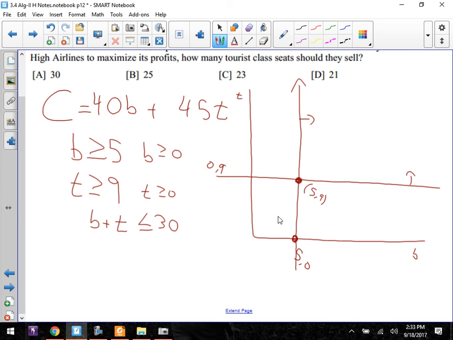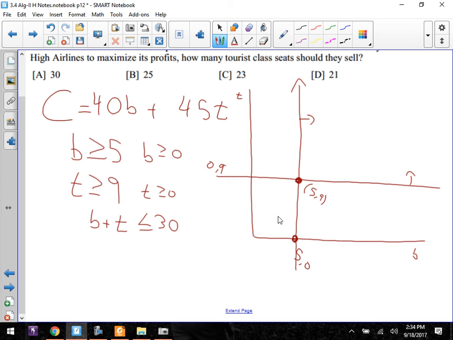So as of right now, we have the shaded region. It's still a first quadrant problem, but it's just been shifted over some horizontal and some vertical. But now I have to do intercepts. I have intercepts at 30s for the other one.